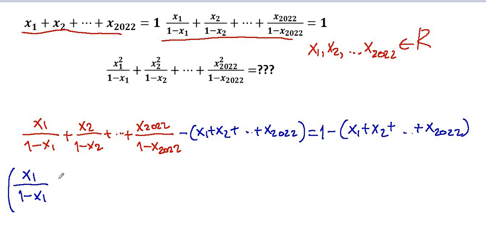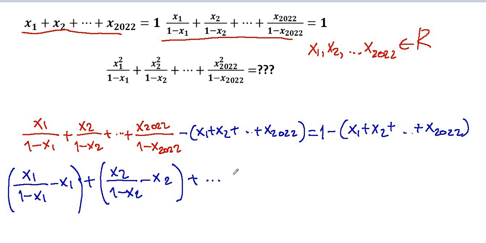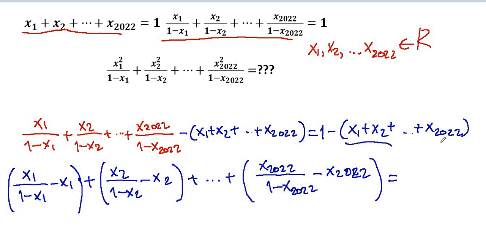Therefore I can express the left hand side as x1 divided by 1 minus x1, minus x1, plus x2 divided by 1 minus x2, minus x2, plus and so on plus x2022 divided by 1 minus x2022, minus x2022. And as you can see, the right hand side is equal to 1 minus 1, which will be 0.